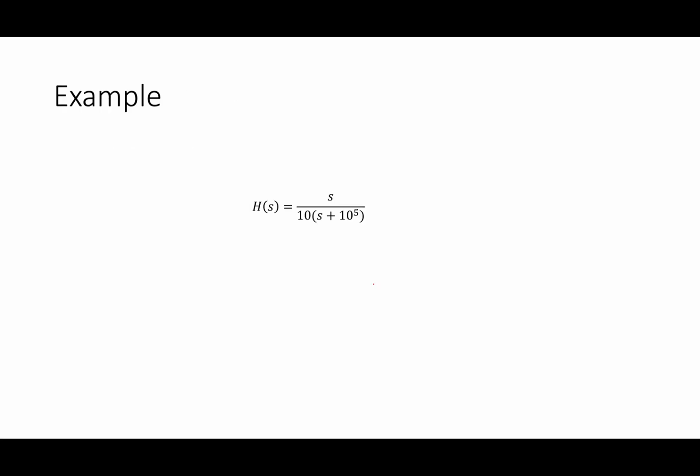This is the example we ended on, and the example we're going to pick up with. They had this: s over 10 times (s plus 10 to the 5th). And where did this come from?